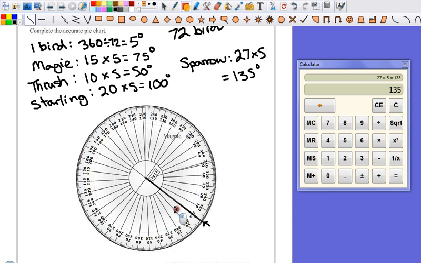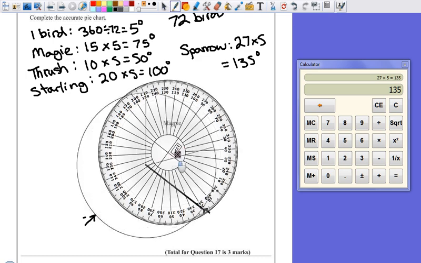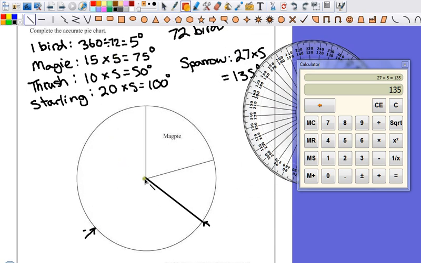So as close as you can get it to the actual value, the better. From here I want 100 degrees, so go around to where 100 is, draw a little mark or arrow, pull the protractor away with a pencil and ruler, go from the middle of your pie chart to your new arrow.